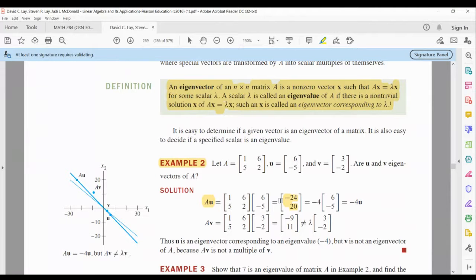That's fine. And that vector happens to equal negative 4 times the vector u. So therefore, the vector u is an eigenvector, and negative 4 is the corresponding eigenvalue.